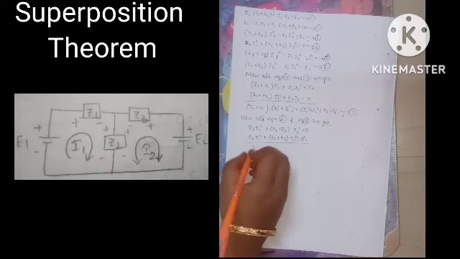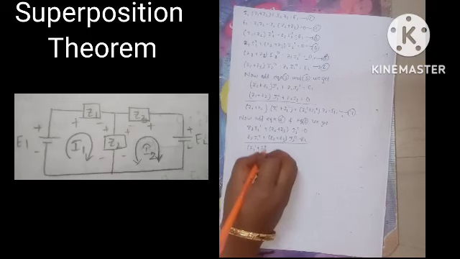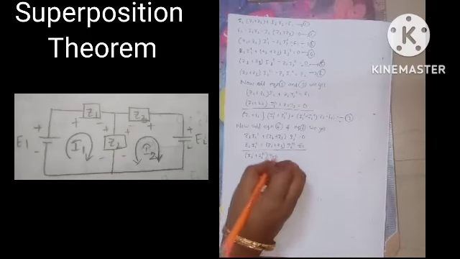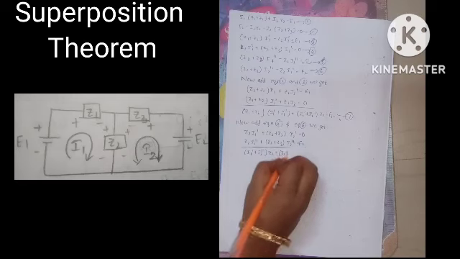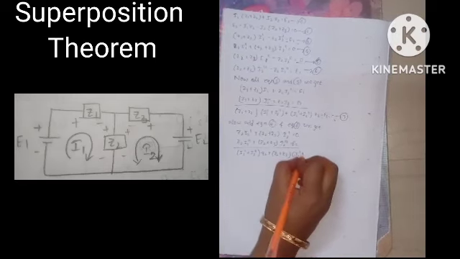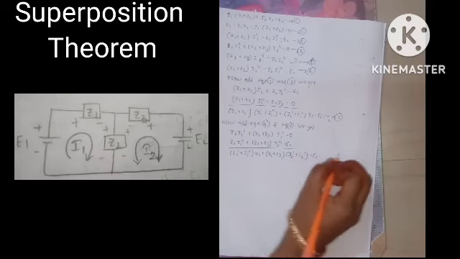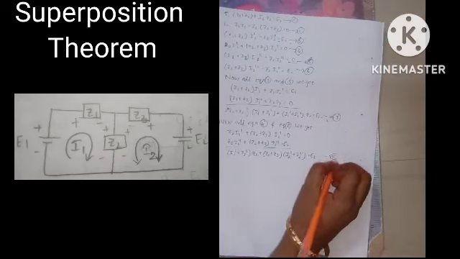So Z2 (I1 dash plus I1 double dash) plus (Z2 plus Z3)(I2 dash plus I2 double dash) is equal to E2. This is equation 8.